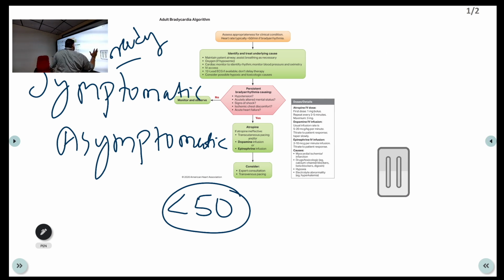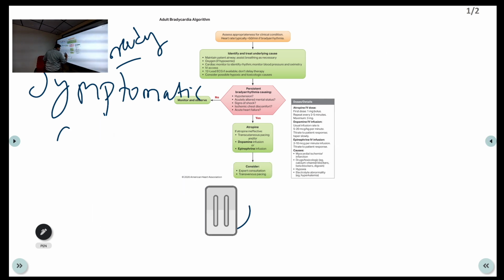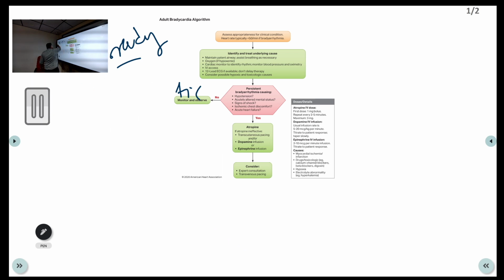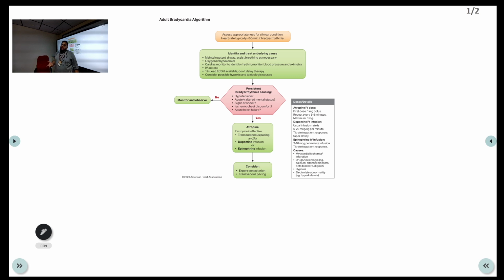Wherever we use this terminology, stable or unstable, symptomatic or asymptomatic, what we are trying to see is organ perfusion. Suppose the heart rate is low. What will happen to the organ perfusion? It will also decrease. What will happen when there is a decrease in perfusion to the brain? The patient will have altered mental status.